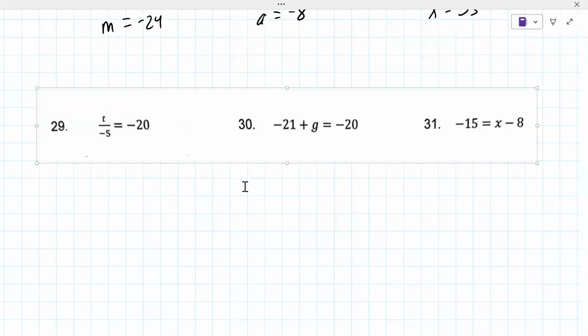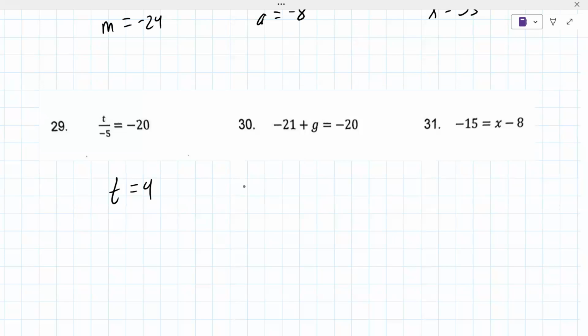Number 29, T equals 4. Okay. Number 30, G equals 1. All right. And for number 31, X equals negative 27.